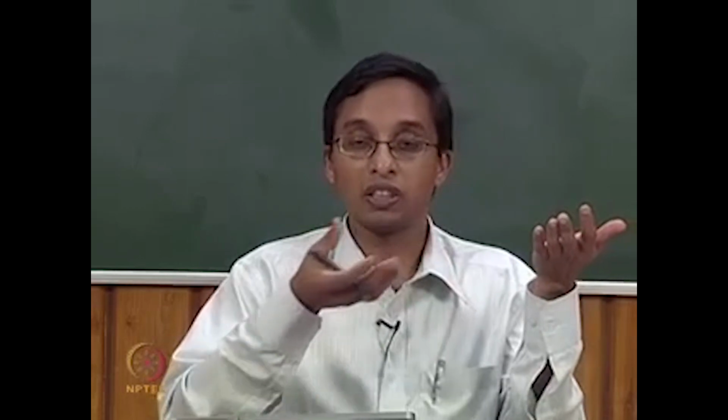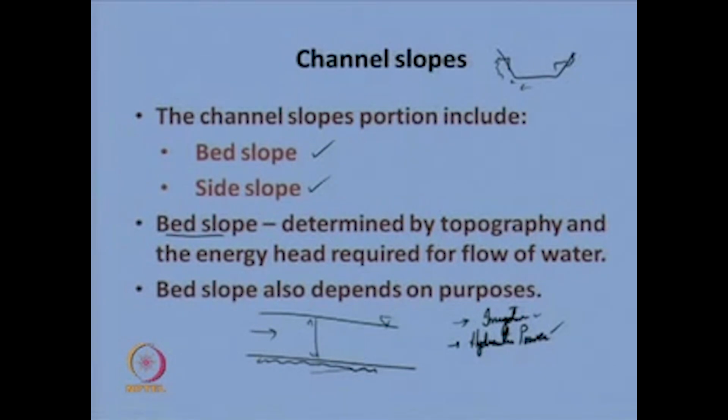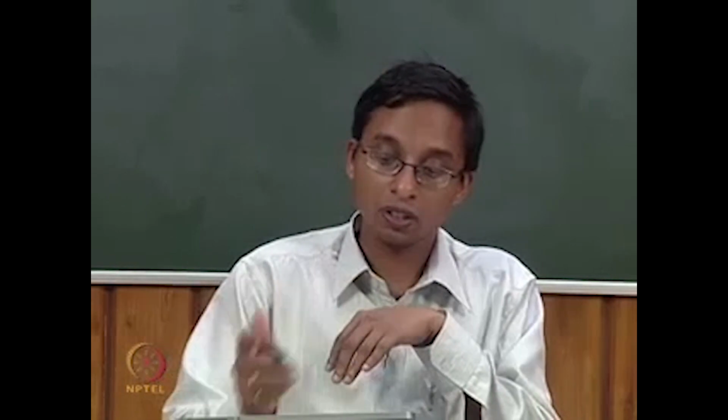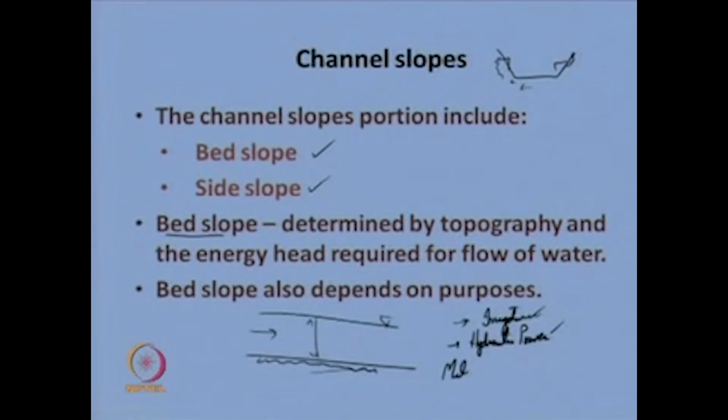If it has to be at higher elevation, what do you mean by that? Then whichever channel is feeding these channels needs to be at a higher elevation. So, in those channels the bed elevation also needs to be kept at a higher level, so that you will be able to feed water properly for the irrigation projects and hydraulic power projects. In most of the cases you use mild slopes. In such situations, mild slope channels or negligible slope channels are used.